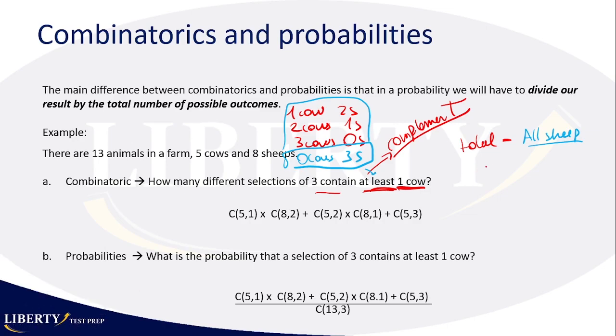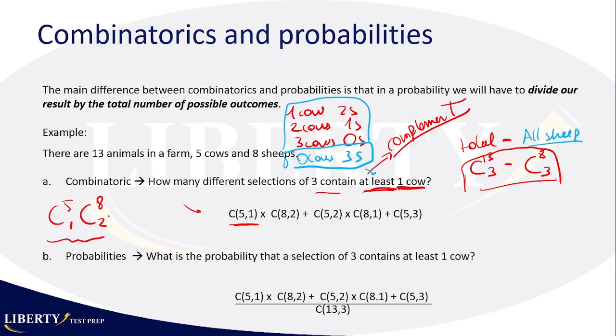Okay, so the operation will be: the total would be what? You want to get 3 out of a group of 13, minus all sheep, which is basically a selection of 3 out of a group of 8 sheep, right? So that would be the result. Now if we just do it straightforward, it would be this one. Here they say the combination of 5 choose 1 times the combination of 8 choose 2.